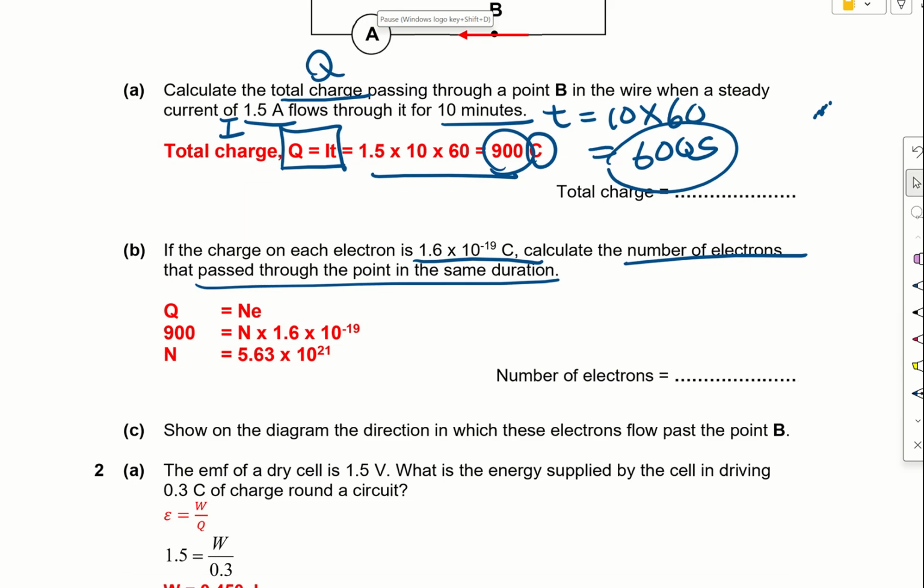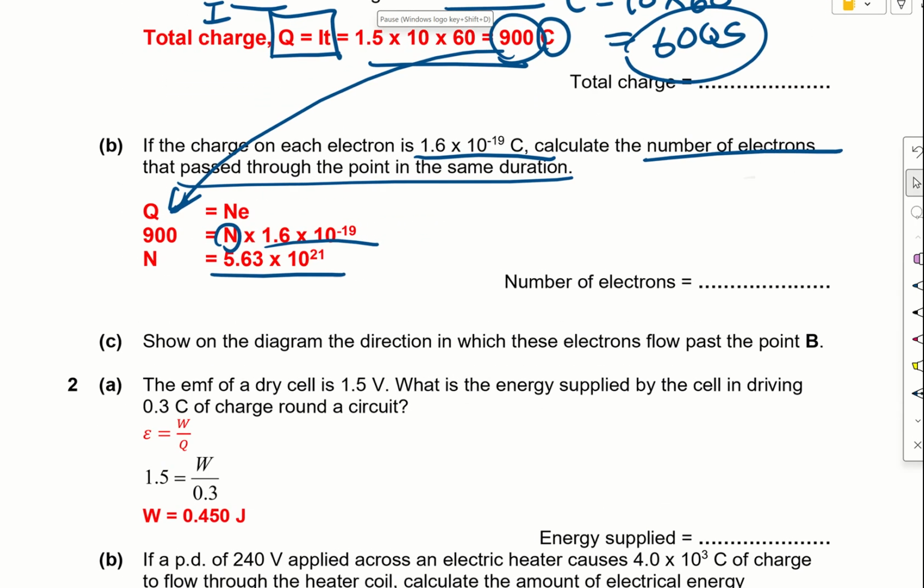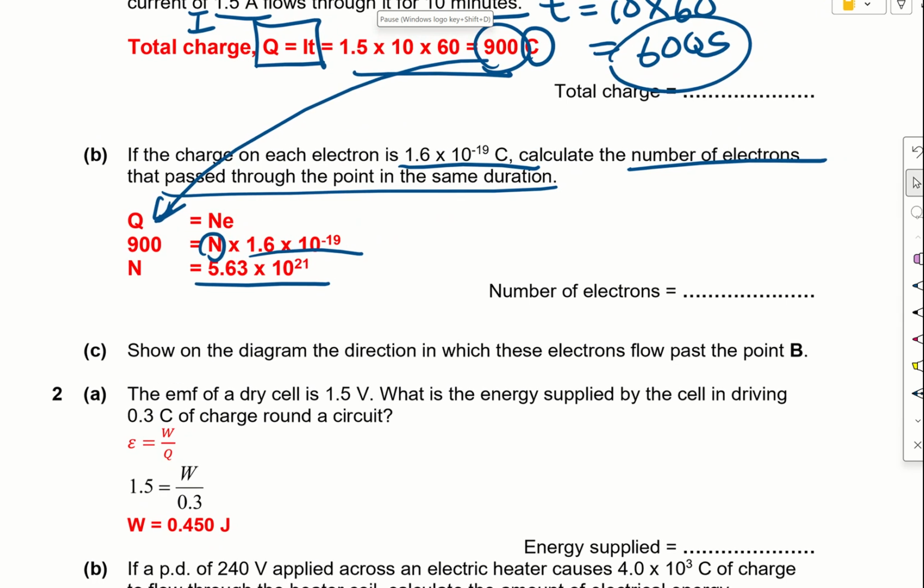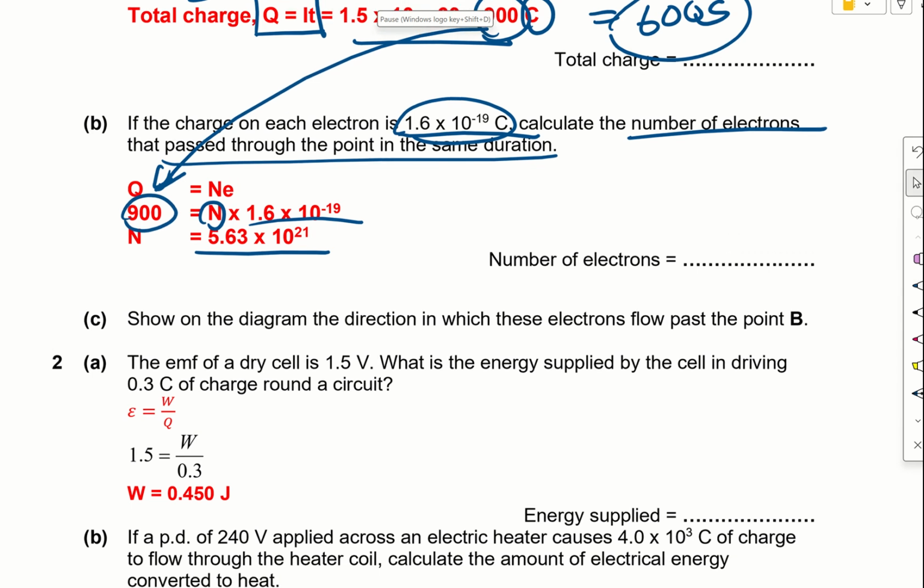Okay, so that's the total charge that we are going to substitute in. And within this 900 coulombs, how many electrons are actually there, if each electron has 1.6 times 10 to the power minus 19 coulomb? So the answer is this. That means I will have this number of electrons. And with this number of electrons, each having such a small charge, I can accumulate to become 900 coulombs. You can think of it that way.